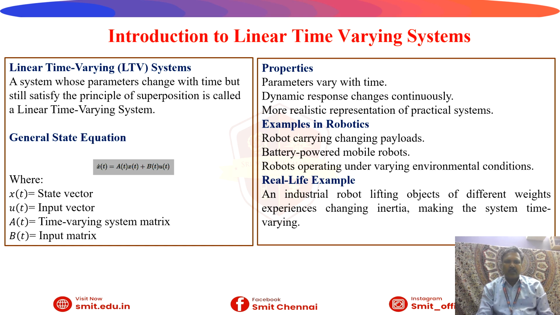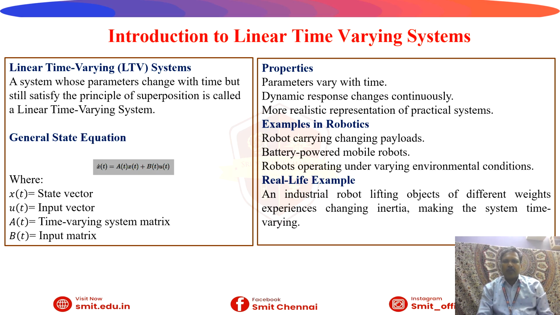State vector, input vector. We have seen the state vector in unit 2, the last topic, so we have already discussed some of the basics. A of t is the time varying system matrix. B of t is the input matrix. Then the properties: parameters vary with time, dynamic response changes continuously, and it is a more realistic representation of practical systems.